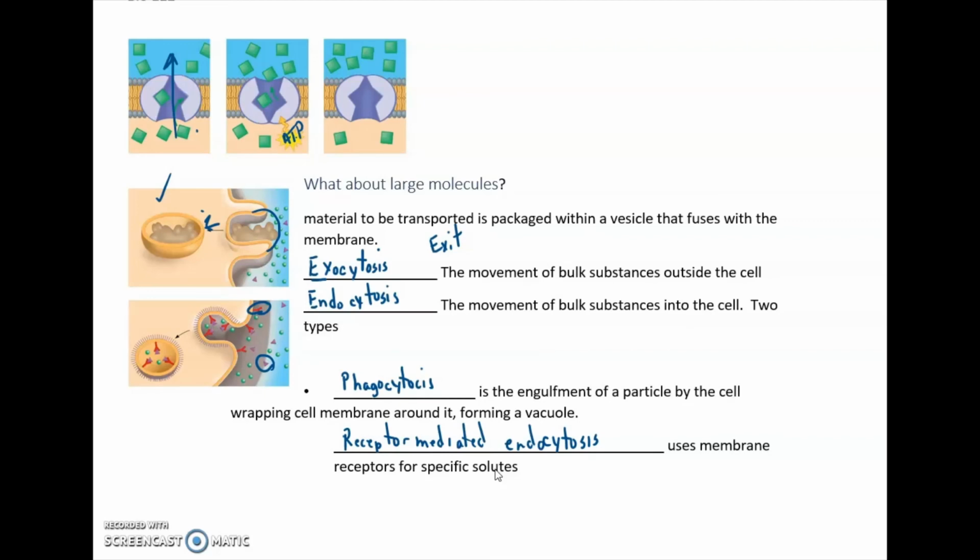They grab onto the molecule, and then the endocytosis occurs, and you make a vesicle. And so it's to pick up a particular solute. You want to pick up a particular molecule. Okay.